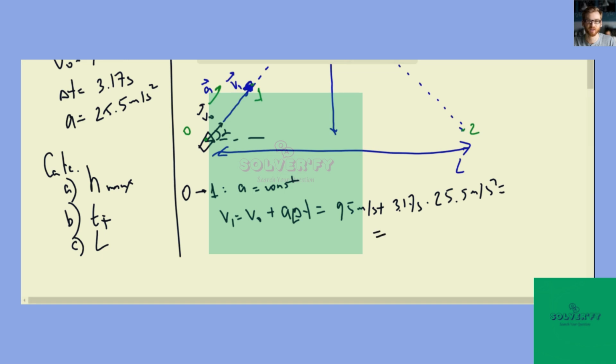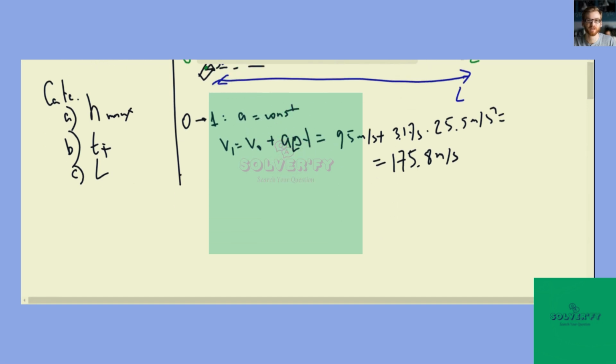Let's calculate it. It equals 175.8 meters per second.